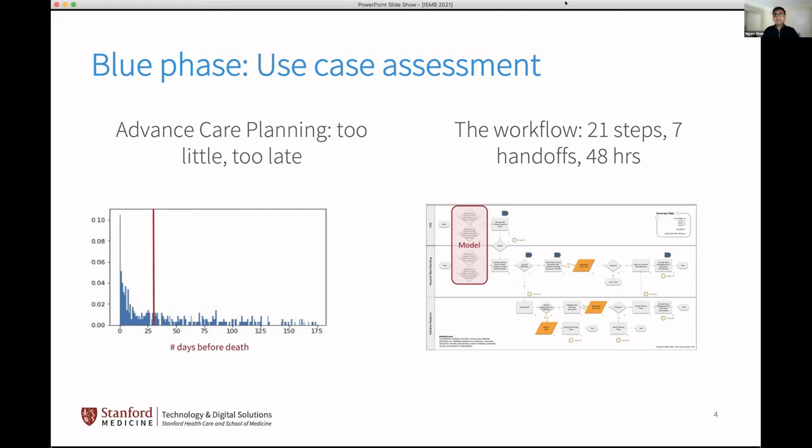Okay. Then we ask, if someone had a model, if there was some magic way to say, Nigam is going to die at this particular time, what will we do? So the workflow to administer this conversation for advance care planning involves 21 steps, 7 handoffs, takes about 48 hours. And that's this thing on the right.